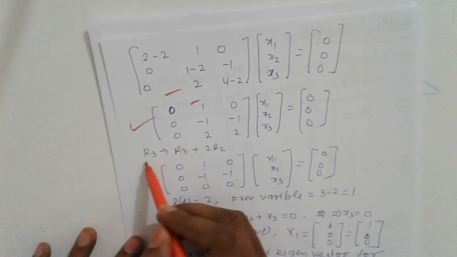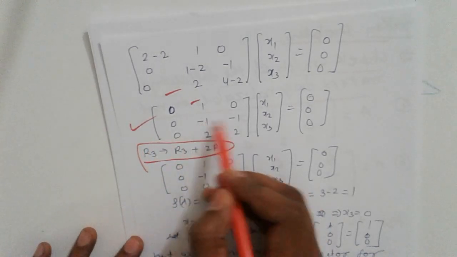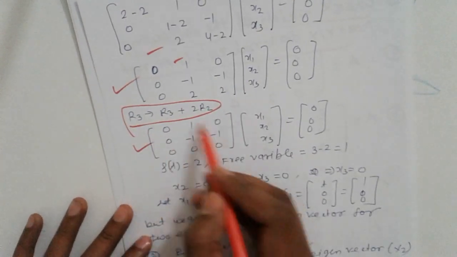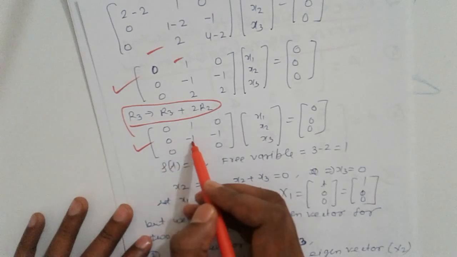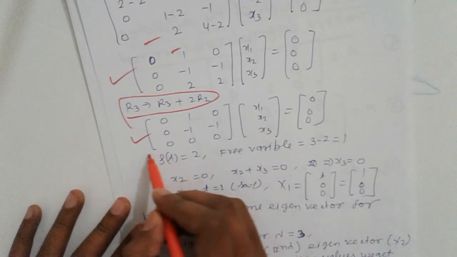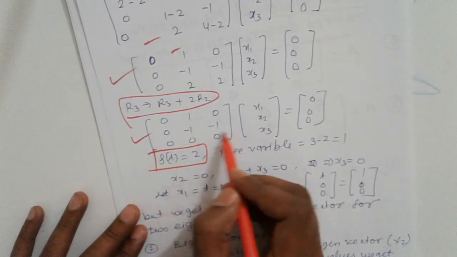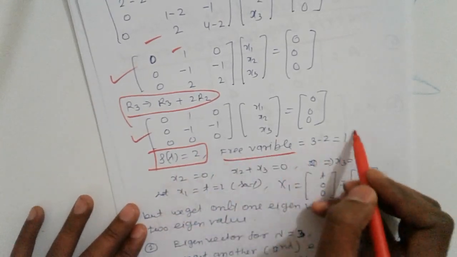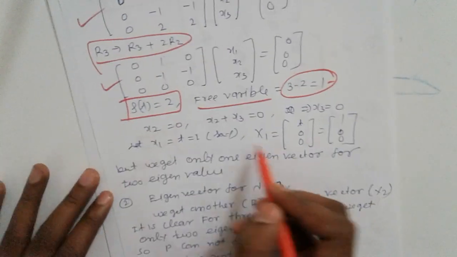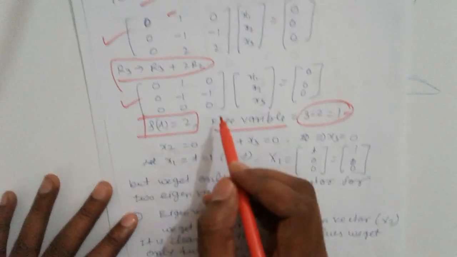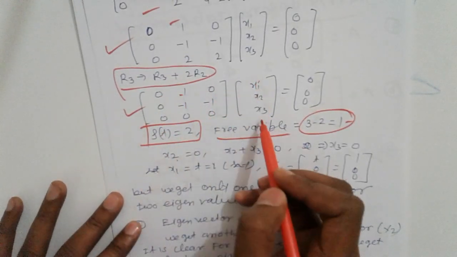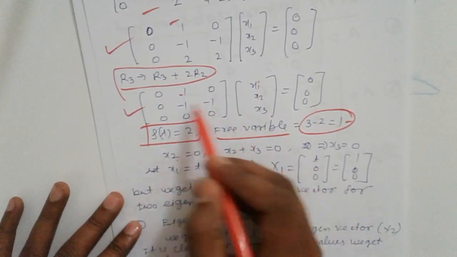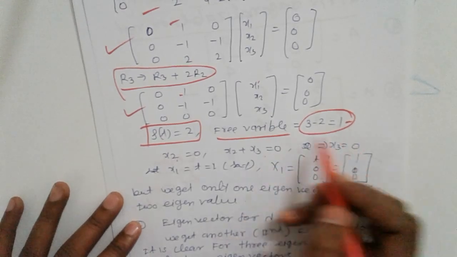So we get the reduced matrix 0 1 0, 0 minus 1 and so on. The rank is the number of non-zero rows, which is 2, so the free variable is 1. So x2 equals 0, multiplying row by column, and x2 plus x3 equals 0, so x3 is 0.